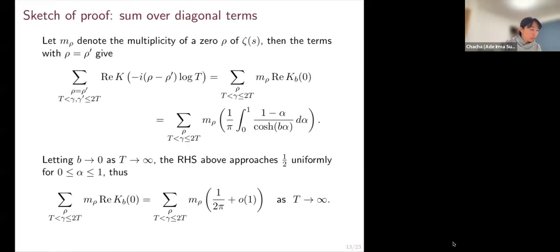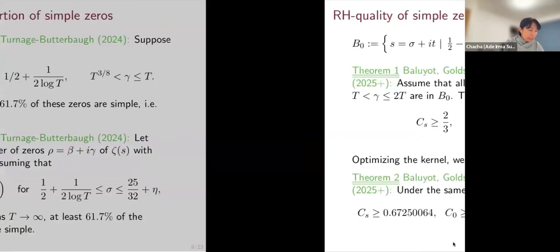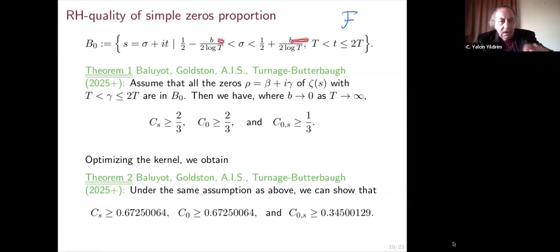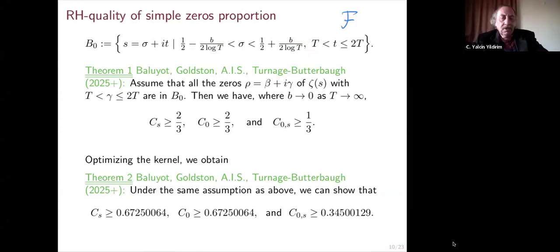Is that method generalizable to that? We thought about that. What you meant is you multiply this by log t. No, a stronger assumption that you also have a log t in the denominator. And do you get almost all zeros simple or something?